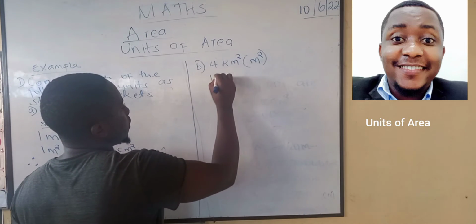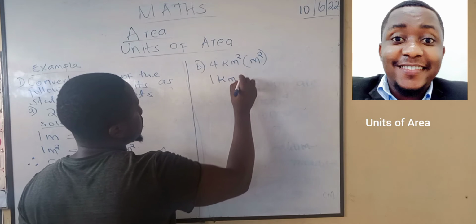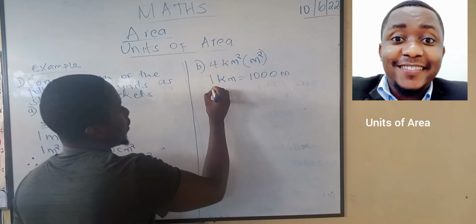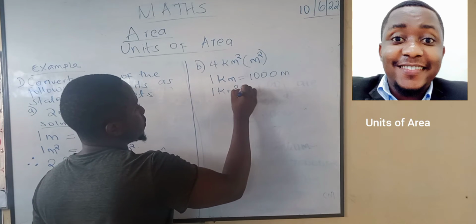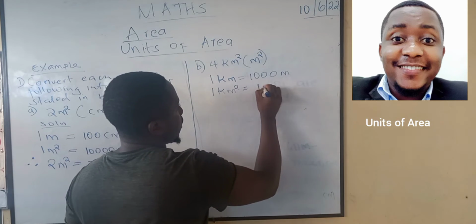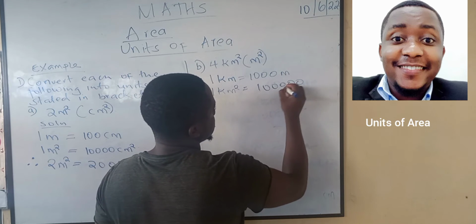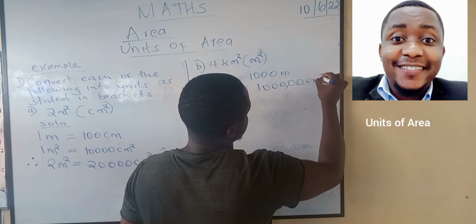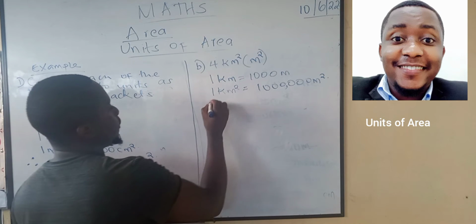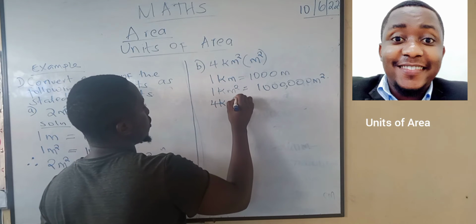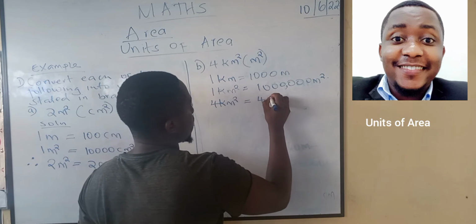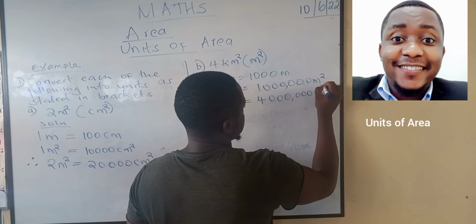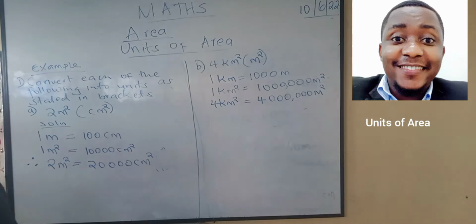Now you know that 1 kilometer is equal to 1,000 meters, and 1 kilometer squared is equal to 1,000,000 meters squared. So that means that 4 kilometers squared will be what? 4 million meters squared.